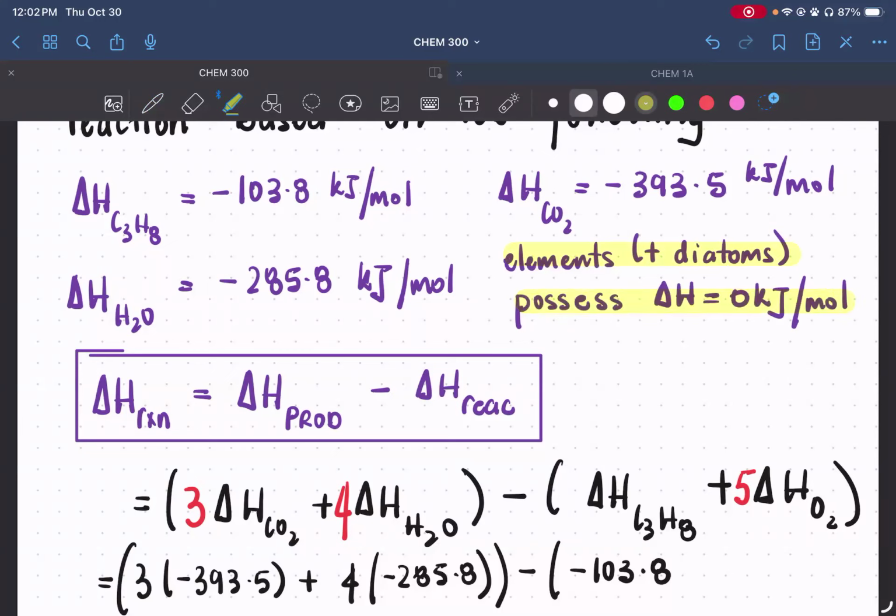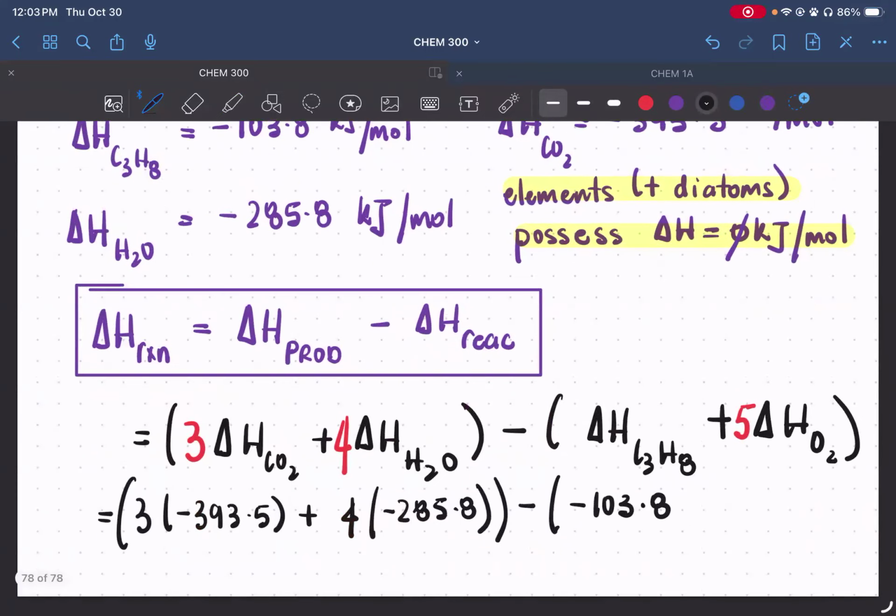In other words, the fact that I didn't give you an energy for it should be the indicator that it has no energy associated with it. So elements, just straight elements and diatomics, possess a delta H of 0. So here we would just write plus 0.